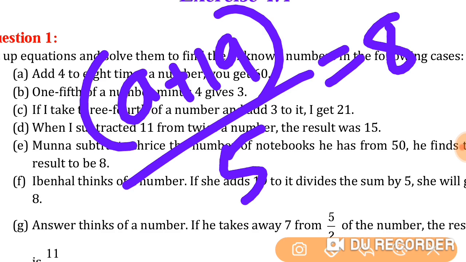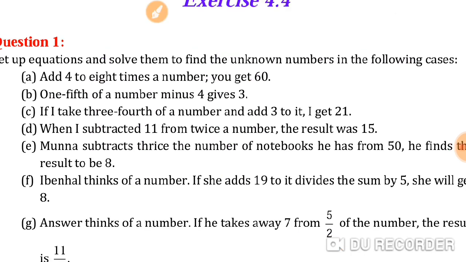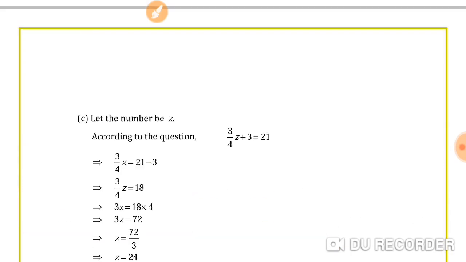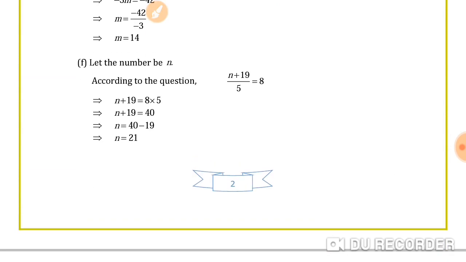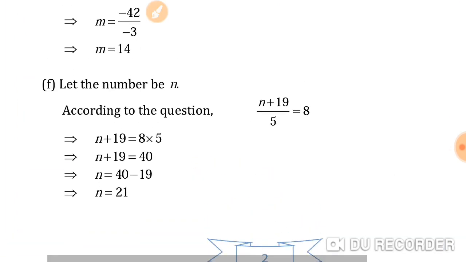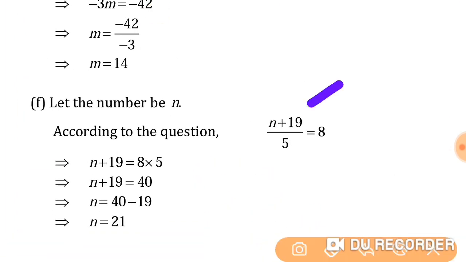Okay, this is your equation. You can check. So here instead of A they have chosen n. First transfer the 5 that side, it becomes 8 fives are 40. Next plus 19, if you transfer it, minus 19 becomes, so n value is 21.